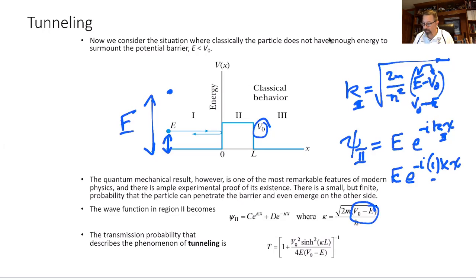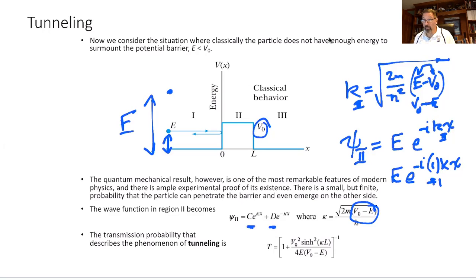And then, of course, minus i times i is just plus 1. And so our solution becomes, in region 2, a constant, e to the plus kappa x. And then another solution, which you can show also works, is e to the minus kappa x. And we give the coefficient D, just like we did in the case where the energy of the particle is greater than the barrier, and that becomes the solution in the middle region.